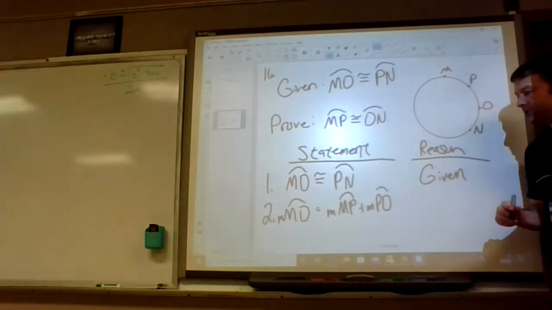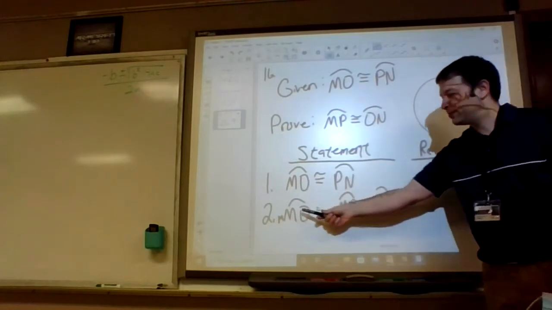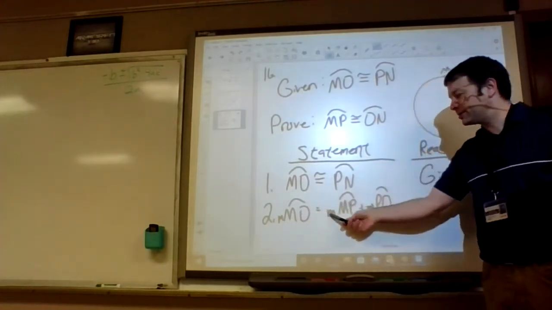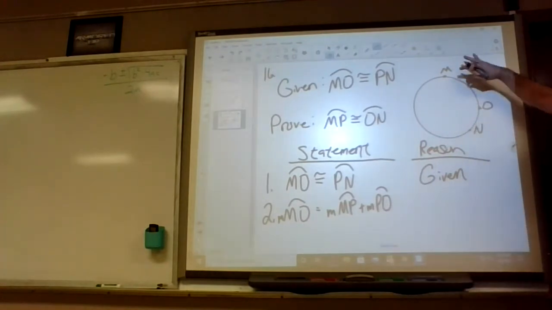Why do they put the little M, the measurement? Because when you put the little M, it's talking about a number. The arcs themselves are not numbers, but the measurement of the arc is a number, so you can add those together. Does that make sense? This little arc plus this little arc adds up to the big arc.